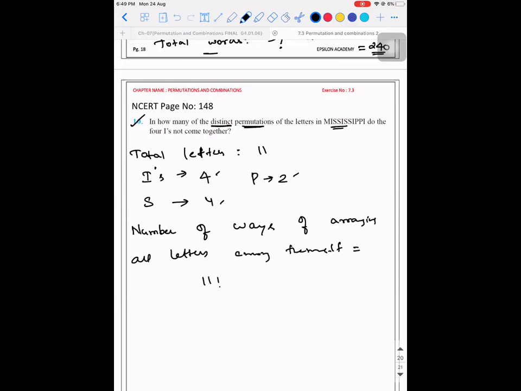No. You forgot something. When letters are repeated, what are we supposed to do? Divide it by the factorials of the letters which are getting repeated. Means 11 factorial by 4 factorial into 4 factorial into 2 factorial. So these are all the total number of words that are possible.